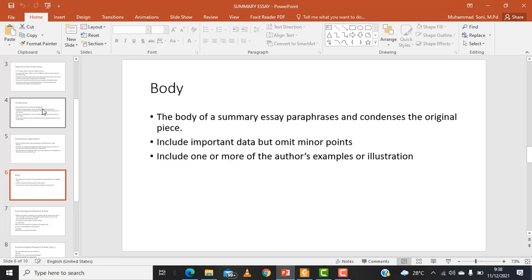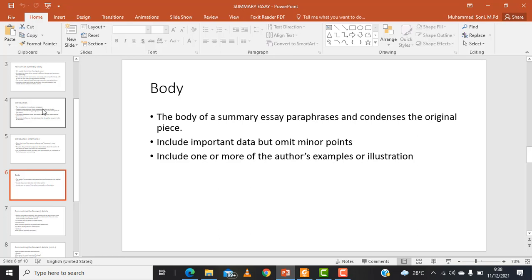How does the movie end? Or in the first body paragraph, you probably want to tell about how the movie starts, what the complications of the movie are, and how the movie ends. So that's maybe the body paragraph if you summarize a movie.